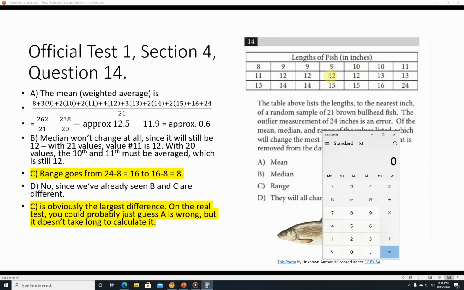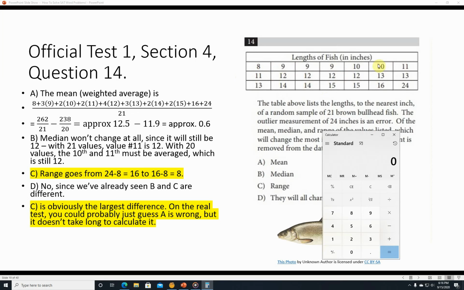That's wonderful. If we take this out, then there's going to be 20 values, so we have to average the 10th and 11th value because there's an even number. When you have an even number of values, you have to take the two middle numbers and average them. So 1, 2, 3, 4, 5, 6, 7, 8, 9, 10, 11, 12, 13, 14, 15, 16, 17, 18, 19, 20.